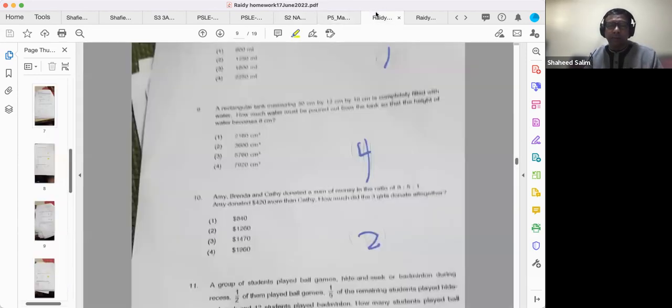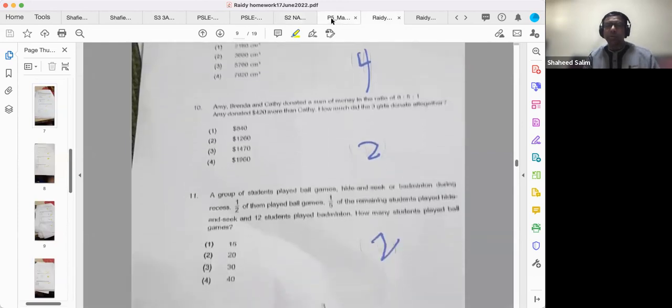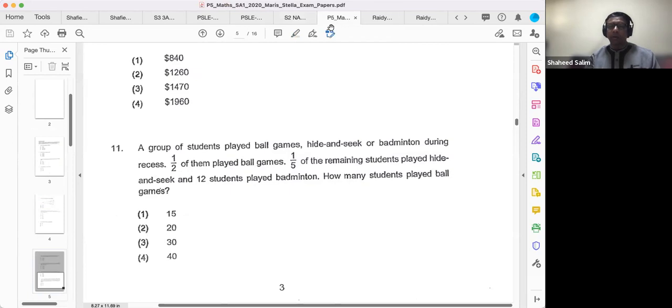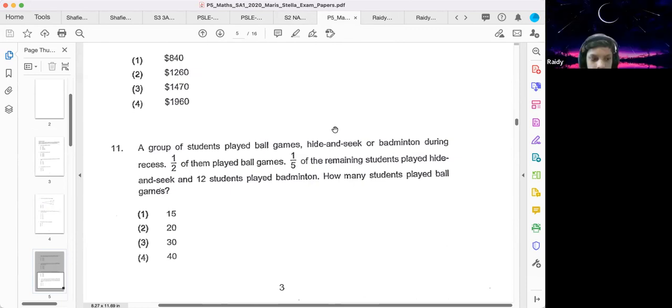Your answer for 11 is 2, and you feel the answer is not correct. Can you try it? Well done.